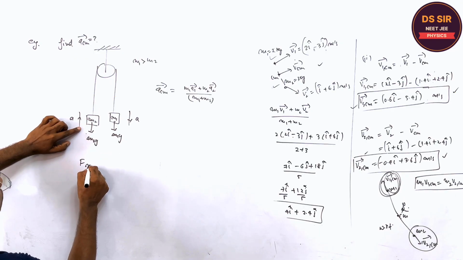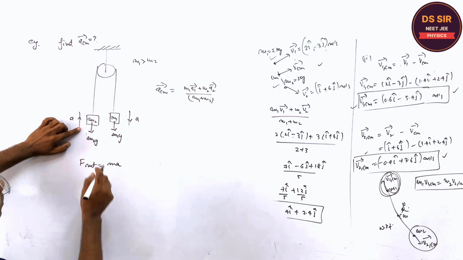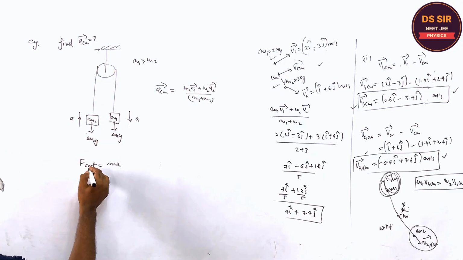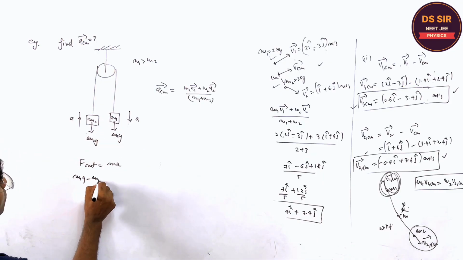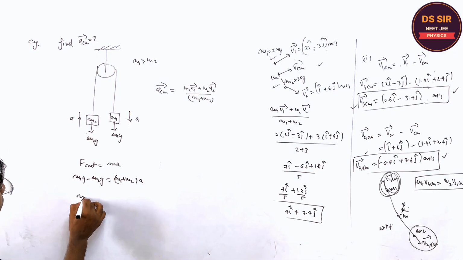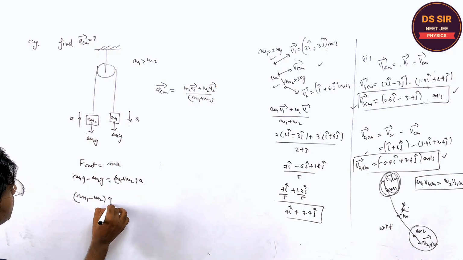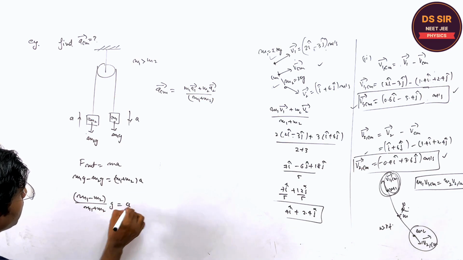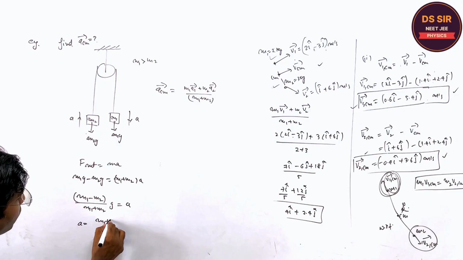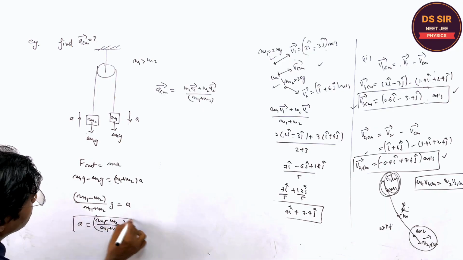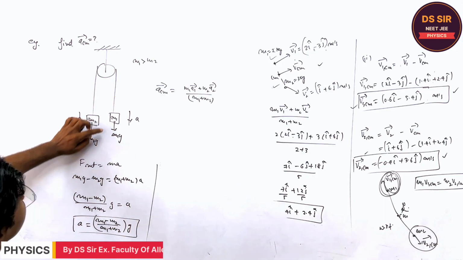Net force is equal to M into A. What is the net force on the system? Say M1G minus M2G is equal to M1 plus M2 into A. So M1 minus M2 into G divided by M1 plus M2 is equal to A. So the acceleration is M1 minus M2 upon M1 plus M2 into G. Although this is the shortcut, I think you have done it in this way.